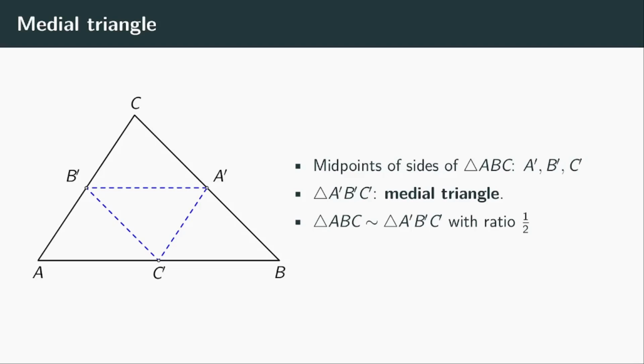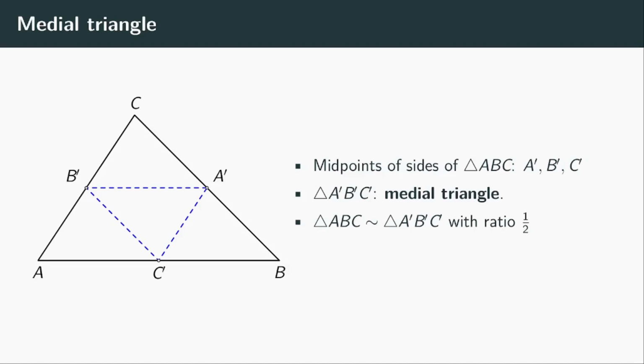Okay, first up, let's construct something called the medial triangle. I'm going to take midpoints of each of the sides, and the triangle I get that connects those midpoints is called the medial triangle.